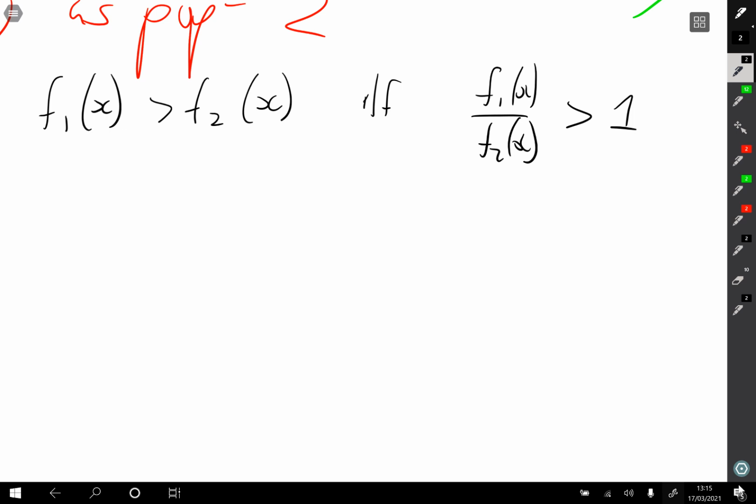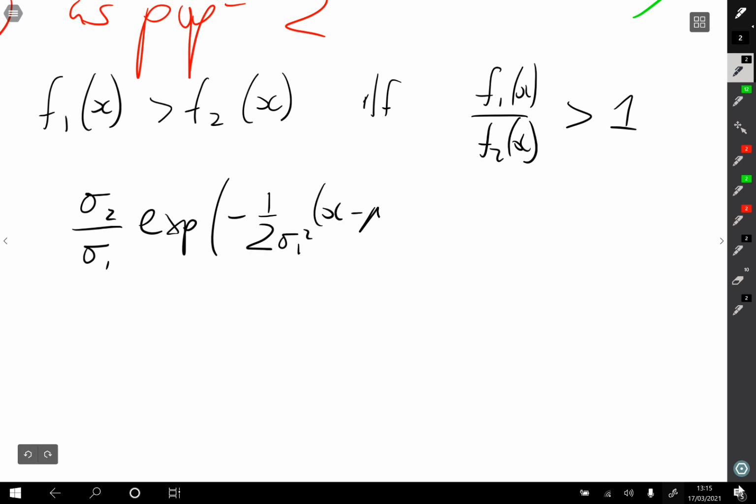So if we write these densities in, this is going to be sigma 2 over sigma 1 times e to the minus a half over sigma 1 squared times (x minus mu 1) squared plus a half over sigma 2 squared times (x minus mu 2) squared, bigger than 1.